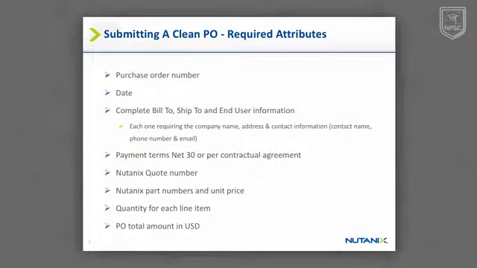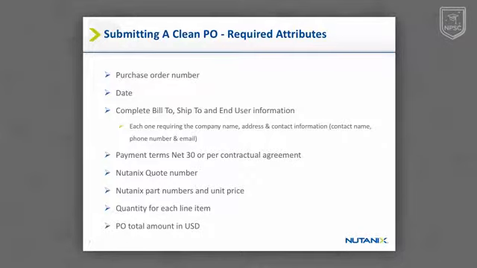Your order should also include the purchase order number, date, the complete bill to, ship to, and end user information. Each of those require a company name, address, and contact information. For the contact, please be sure to include the contact name, phone number, and email address.